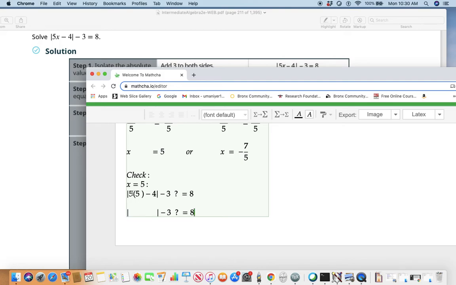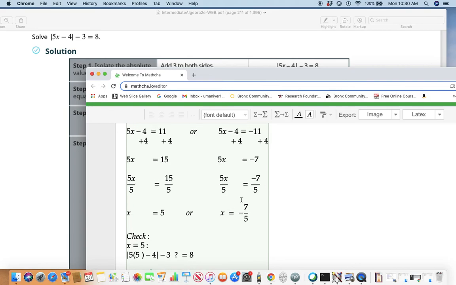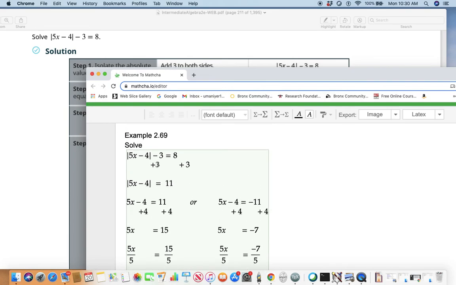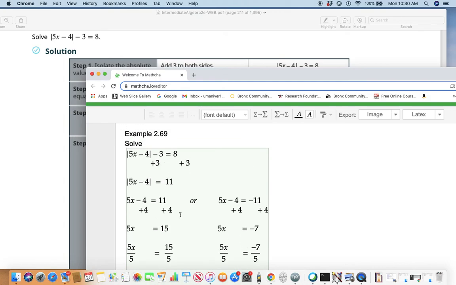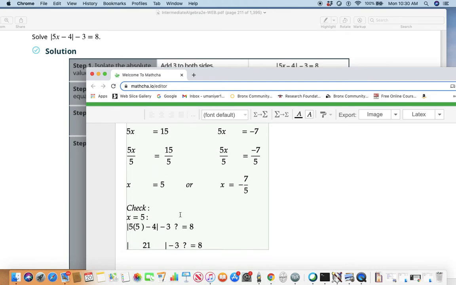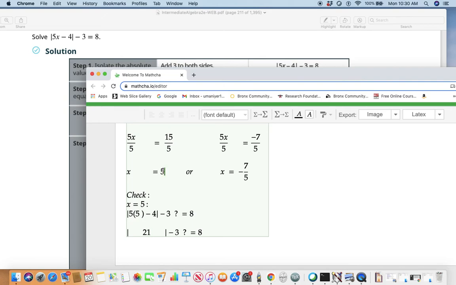What happens inside? 5 times 5 is 25, minus 4 is 21. I hope I haven't made any mistakes. Oh, 15 over 5 is 3.